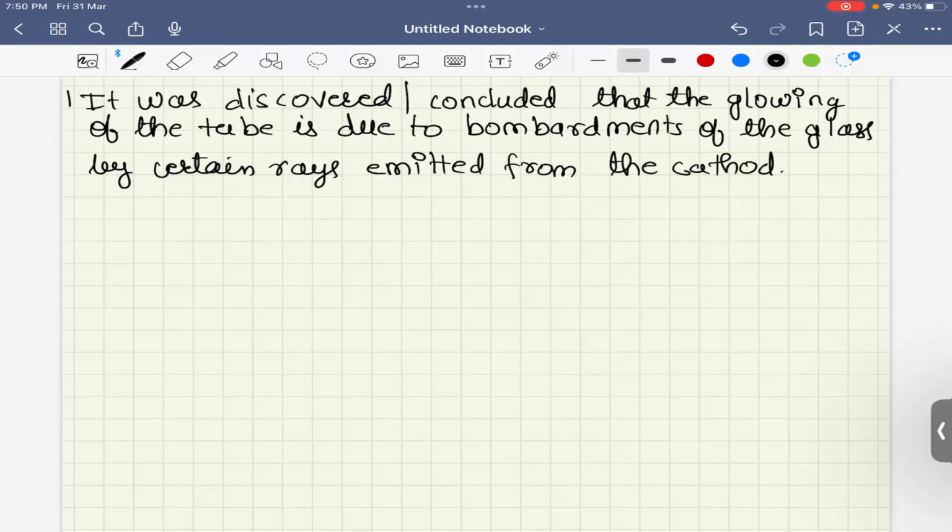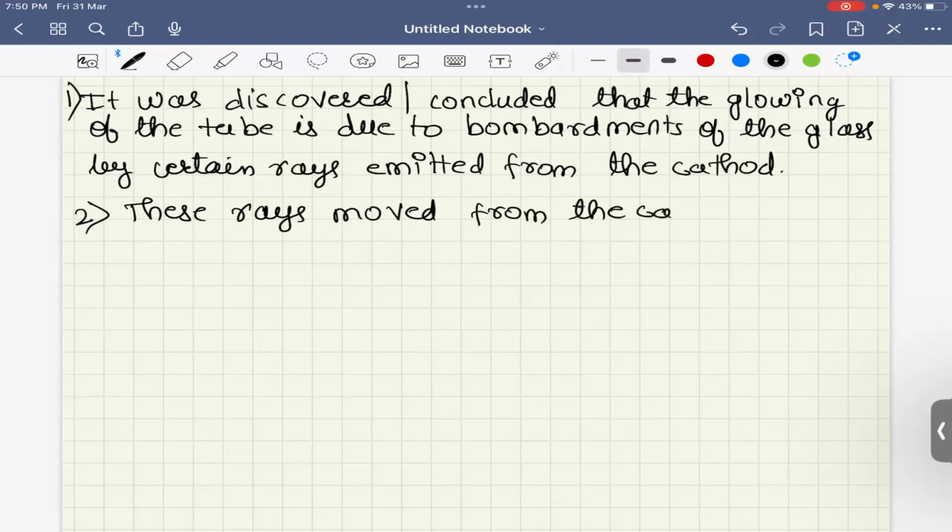So this was the first conclusion which was obtained. The second conclusion was that these rays move from cathode to the anode, right? That was the third conclusion obtained.